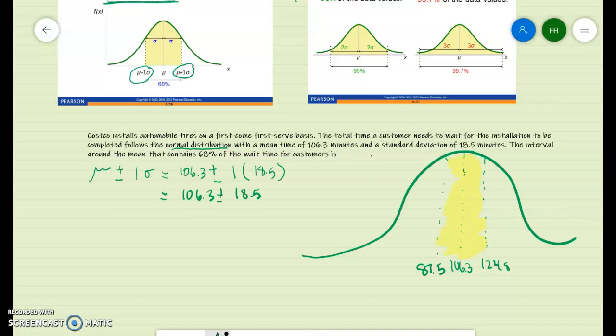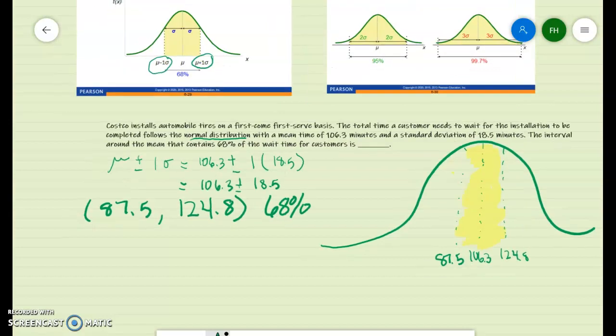And the way you can write this interval is just to make it a little bit simple to see. This is our 68%, one standard deviation from the mean. So that would be your answer.